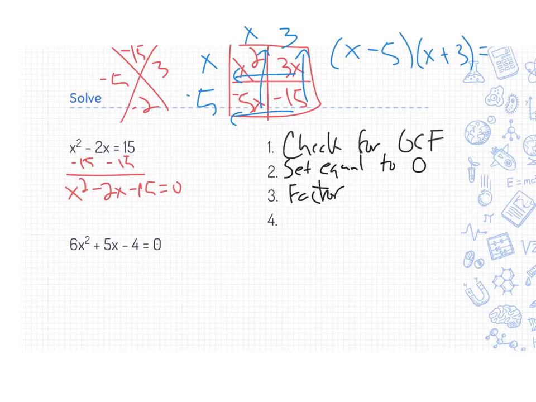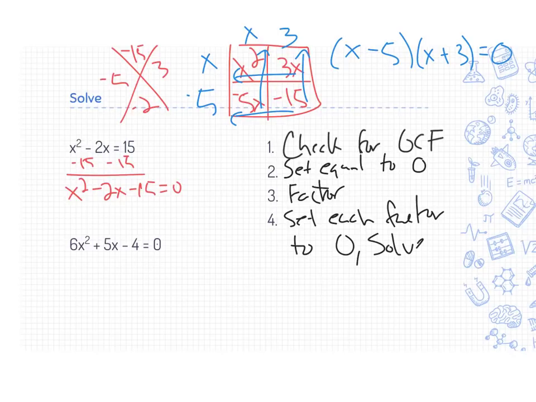And that is set equal to 0 so that we can solve, which brings us to our last step, which is zero product property, or set each factor to 0, and then after we do that you solve.